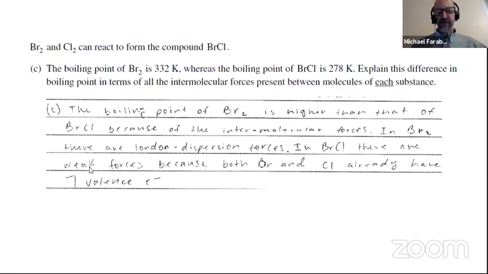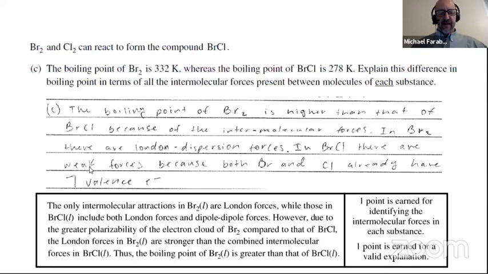All right, here are the official scoring guidelines. The only intermolecular attractions in Br2 are London forces. So they got that part right. However, they did not state the intermolecular forces in BrCl. They should have mentioned the London dispersion forces and the dipole-dipole forces for BrCl.